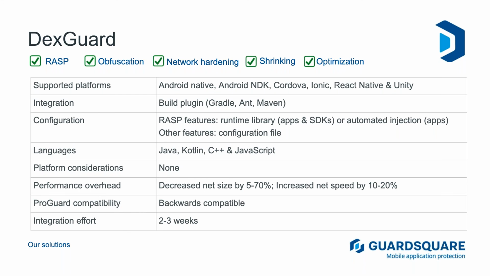DexGuard's static protection features integrate in the build process as a Gradle plugin, but we are also compatible with Ant and Maven. And the RASP feature set can be implemented for apps either by using a runtime library, making some very simple API calls to verify if the device is rooted, if the app is hooked, and so on. Or you can use the automated injection approach, and in that case, no code changes are needed at all.